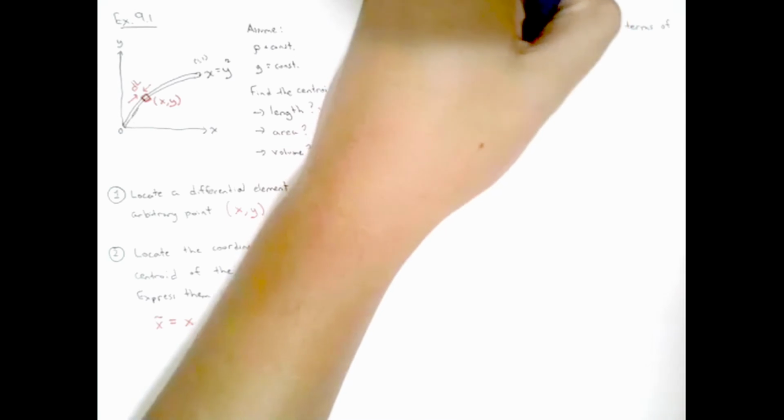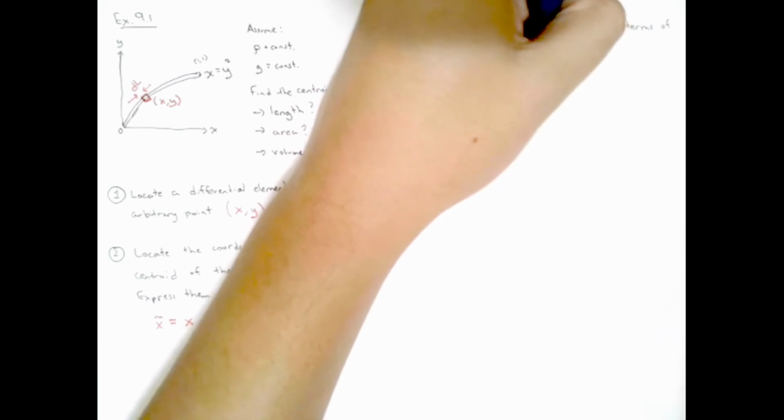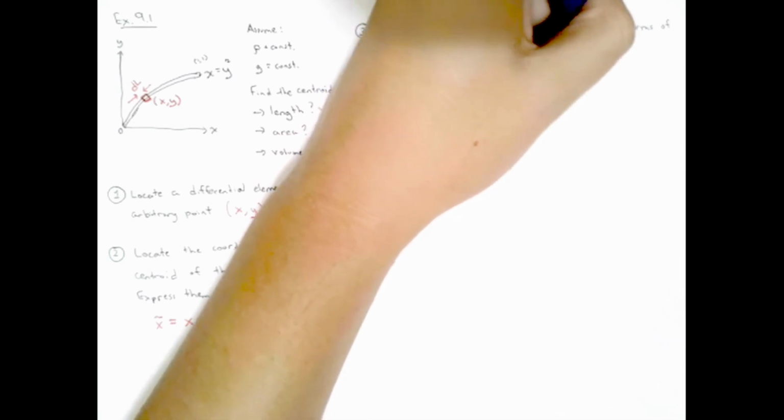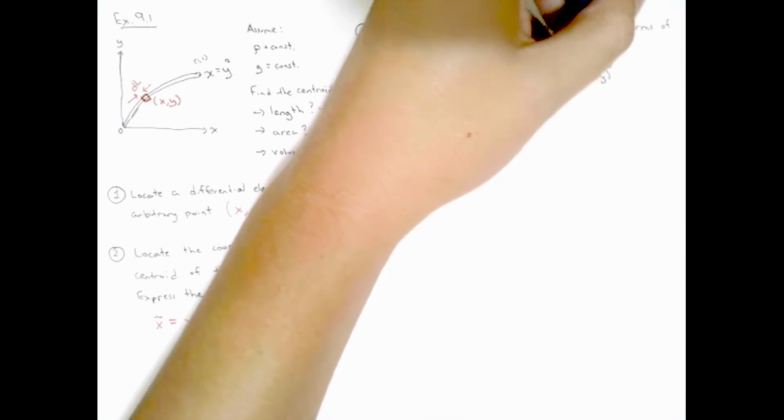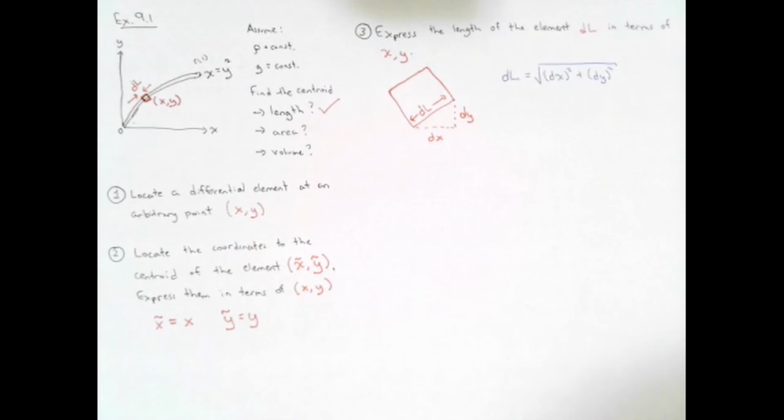In other words, dl should be equal to the square root of dx squared plus dy squared. So we have expressed our element dl in terms of x and in terms of y.